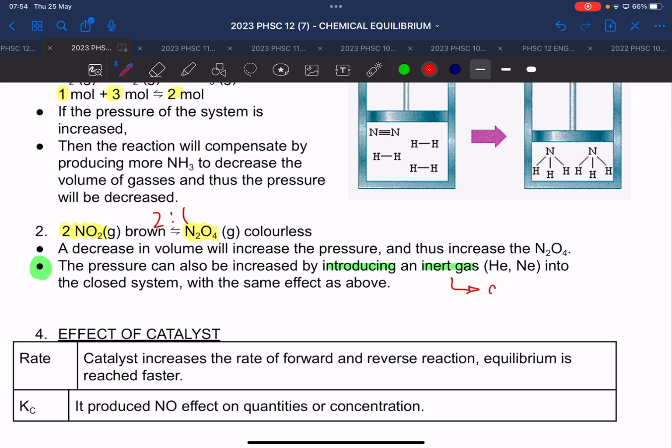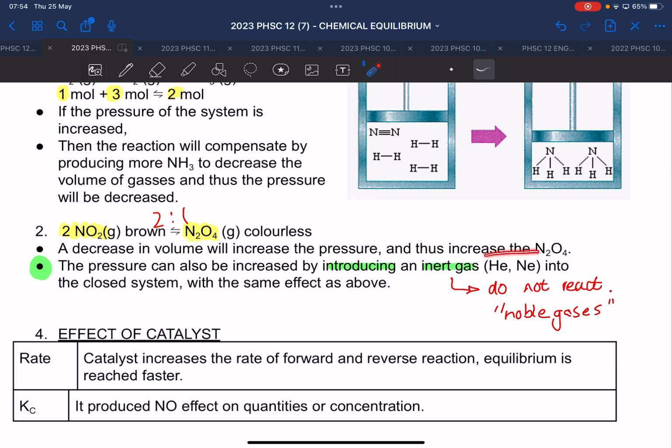A gas that does not react. It's just there, it just takes up space. The inert gases here that they speak of are the noble gases, because we know the noble gases do not like to react with anything else. They're perfect.